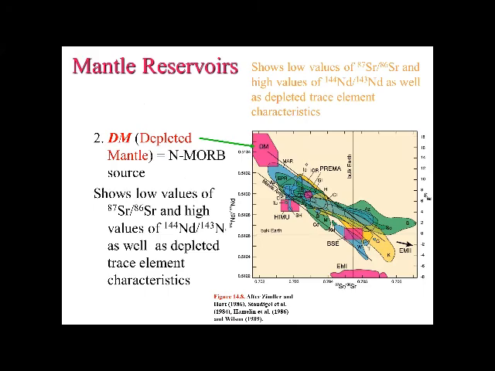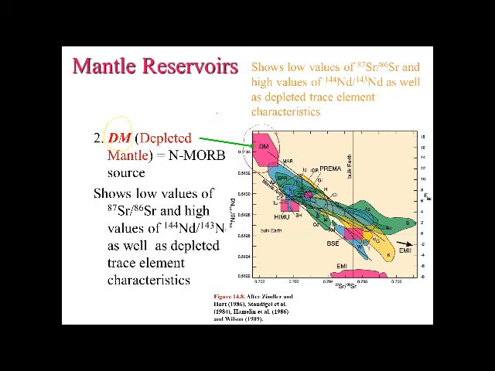And the second reservoir that I have already mentioned is the depleted mantle, which we take as the second reservoir. So the DM, depleted mantle. I mentioned in the strontium-neodymium isotopic diagram, this depleted mantle comes over here.